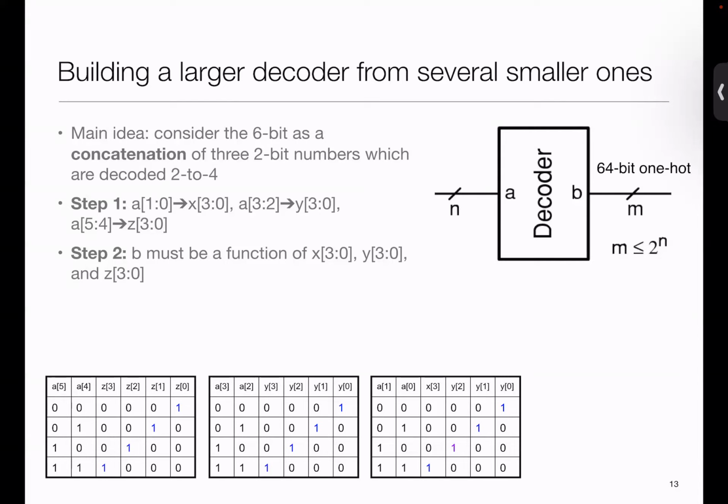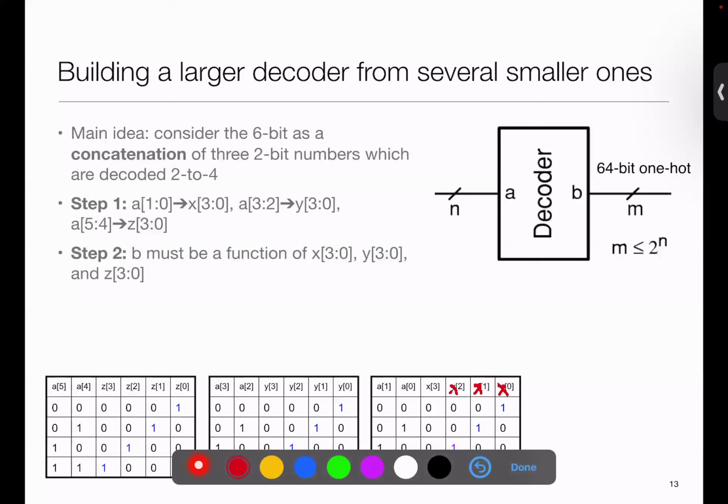But if A is all 0, then we know that Z0 is high, and Y0 is high, and X0 is high. So we can say that B0 is going to be high, right? I mean, B0 is high if A4 and A5 are 0, and A2 and A3 are 0, and A0 and A1 are 0, right? So I can write it like this.